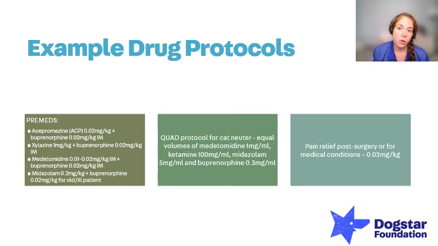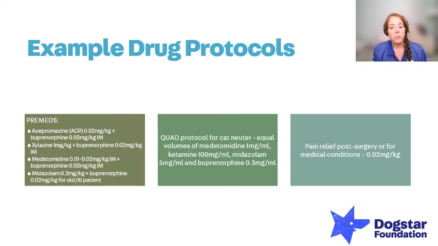You can also use buprenorphine with acepromazine, and you can also use buprenorphine with a benzodiazepine like midazolam, especially if you've got a very sick or a very old patient. That's an excellent protocol. A little bit of pain relief and a little bit of midazolam, perfect.